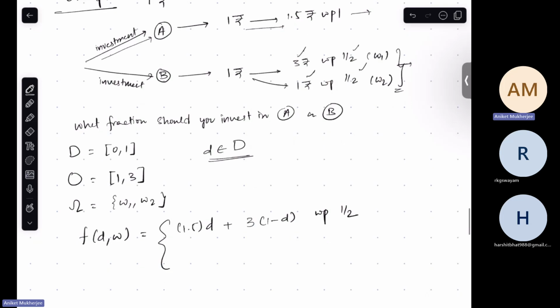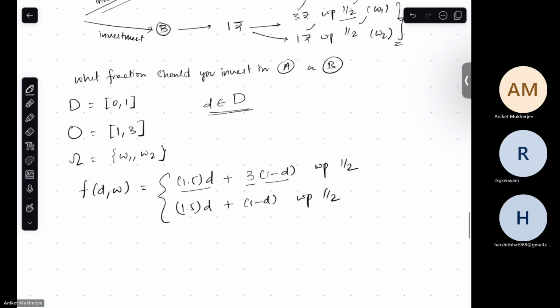If you have d fraction put in A, you get 1.5 into d, and the rest in B. Then suppose you get heads, then you get 3 into 1 minus d, because 1 minus d you have put in B. Or you can also get 1.5 into d plus 1 minus d with probability half. So basically, these are your two outcomes.